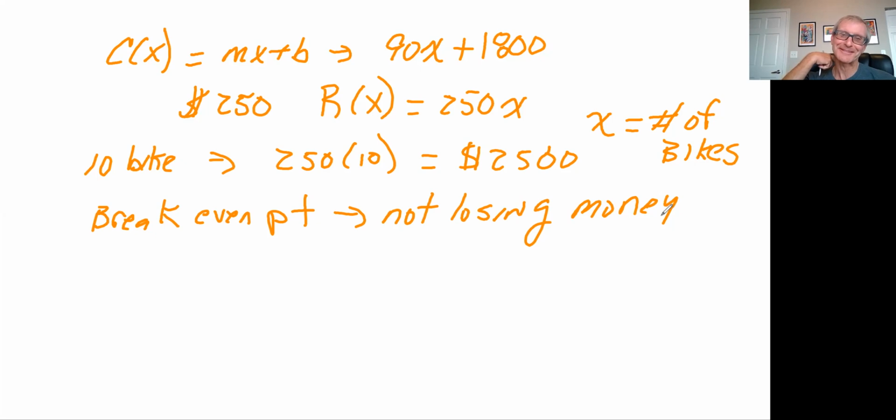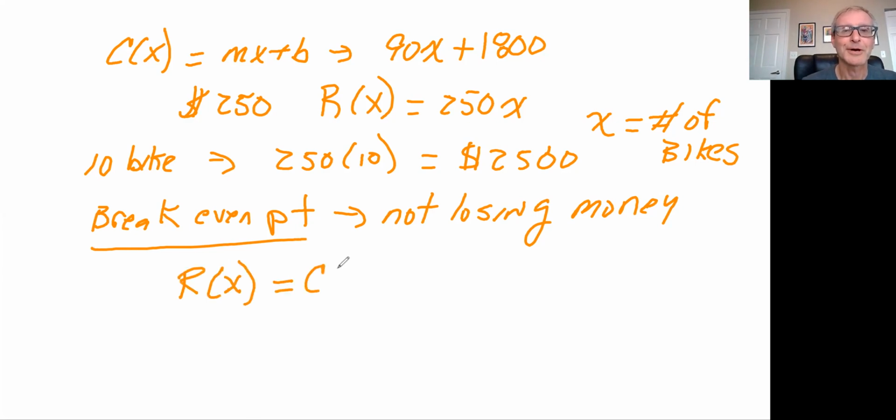I don't have to continue to shovel money in the business right now. The idea is that you sell enough bikes or enough widgets, in this case bikes, that your revenue and your costs are equal. That means that at least you cover all your costs, and so you're not losing money on your business. That's what we call the break-even point, and so that's defined by the revenue equals the cost.